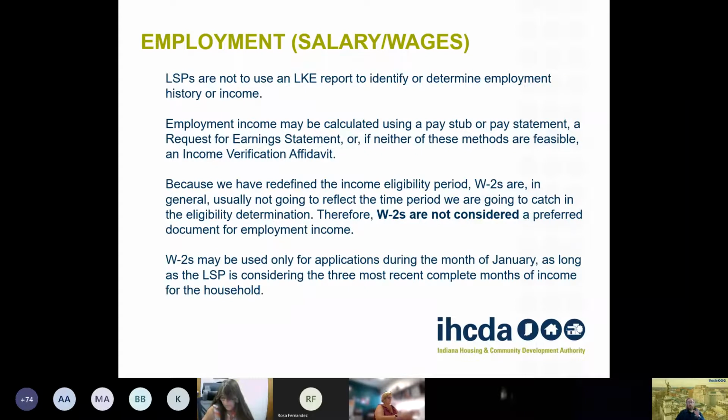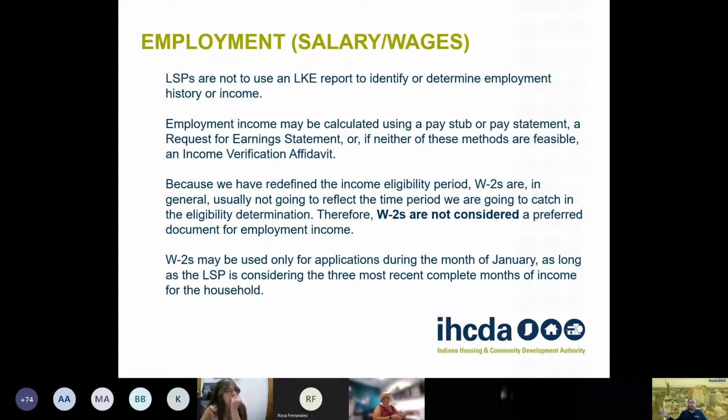So at that point, a W-2 is going to give you the same end year-to-date gross as what that last pay stub of December would offer. Essentially, by using the W-2, it's exactly the same as using that final December pay stub. So at that point, you could calculate from 3 most recent complete months, but it's only in those very narrow circumstances.